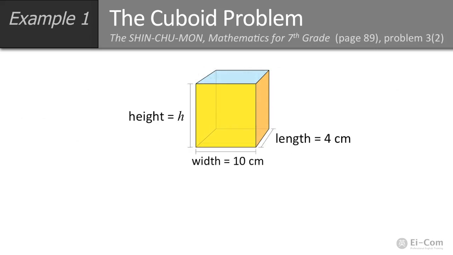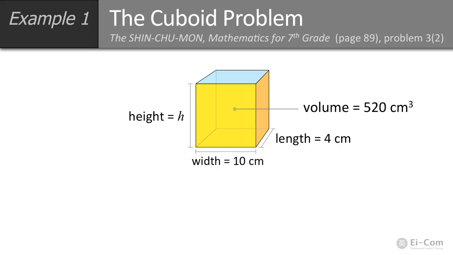The length is 4 centimeters and the width is 10 centimeters. Since the height is an unknown, we have labeled that using the lowercase h. We also know that the volume of this cuboid is 520 cubic centimeters. So let's include that information in our picture.